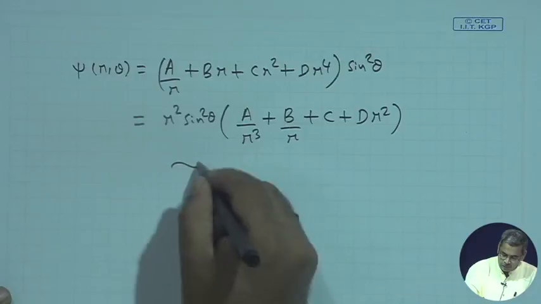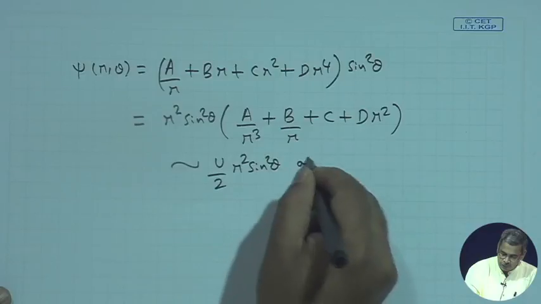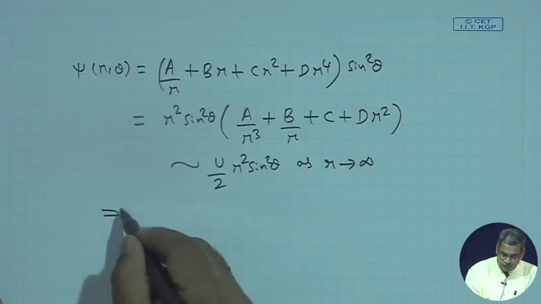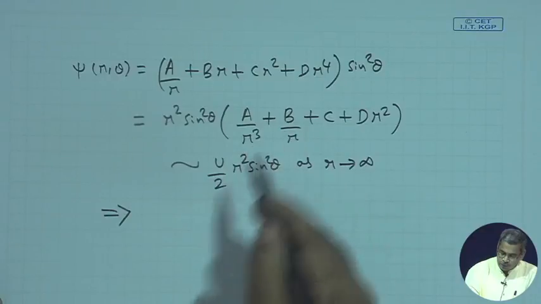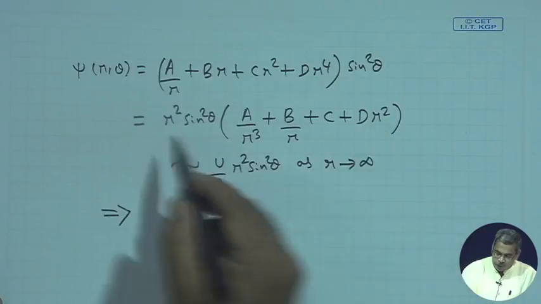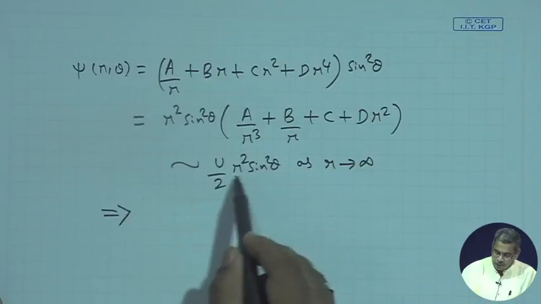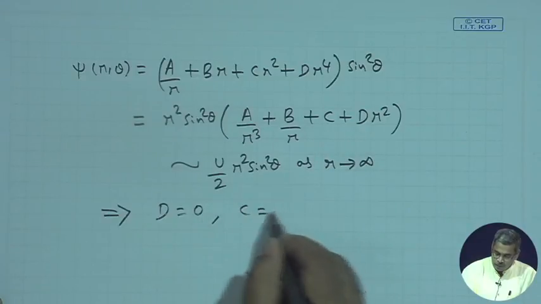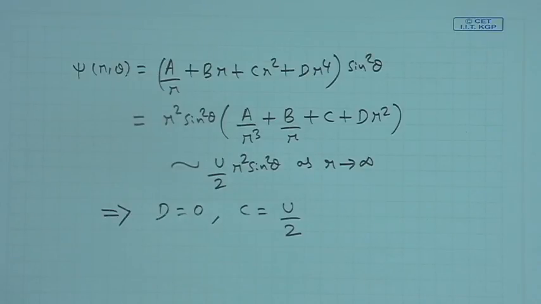Now, we need this should go like u by 2 r square sin square theta as r goes to infinity. So, this will imply, so these going to r goes to infinity, these go to 0, and this is more regular than r square, which we do not want at infinity, because at infinity the maximum regularity we have is r square. So, therefore, D is 0 and C must be u by 2. Okay. So, that is what we got here.